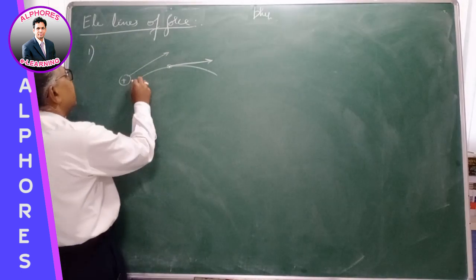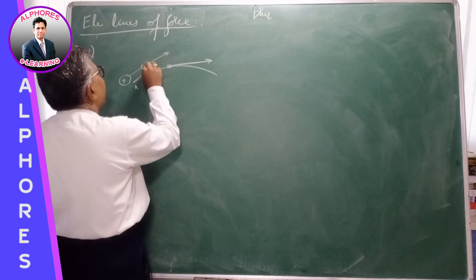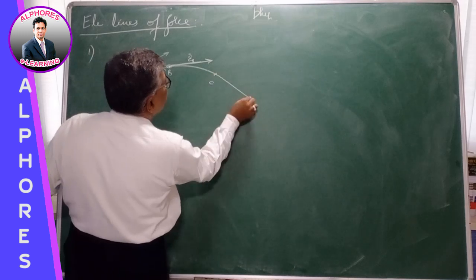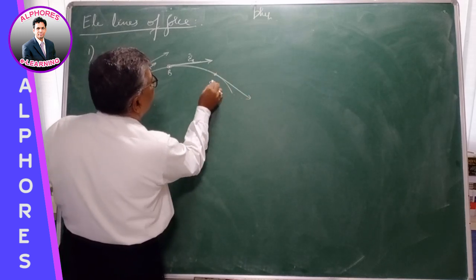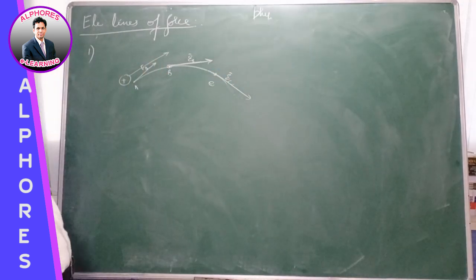Suppose at point A, the direction of the electric field is EA. At point B, the direction of the electric field is EB. At point C, this way. The tangent drawn to the curve gives the direction of the electric field at that point, right?